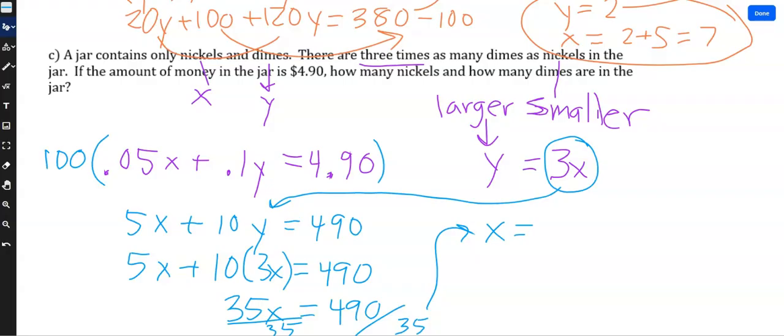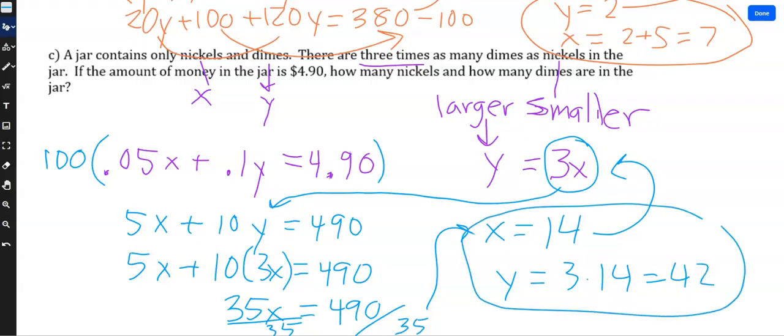Let me just double check. Yes, 14. Okay, and so then I can plug it back in here. Obviously, very easy equation. 3 times 14 equals 42. So we have all the information we need. Nickels, we got 14 of those, and dimes, we've got 42 of those.